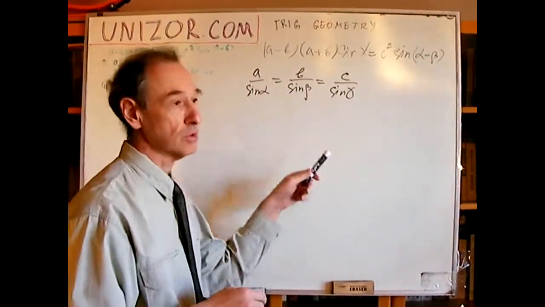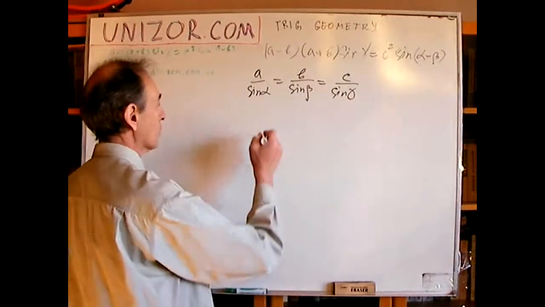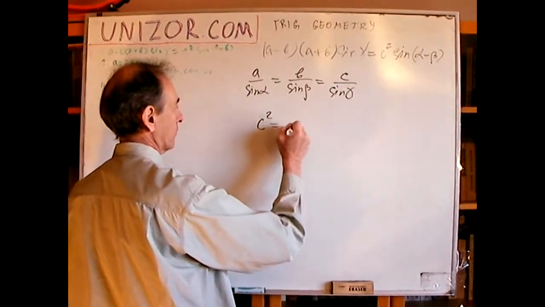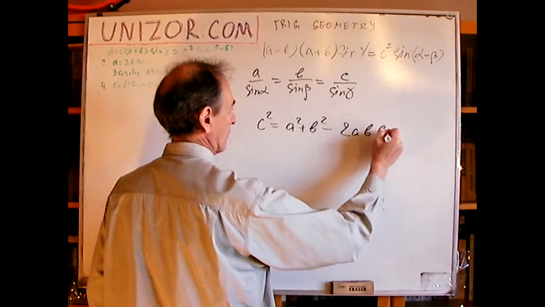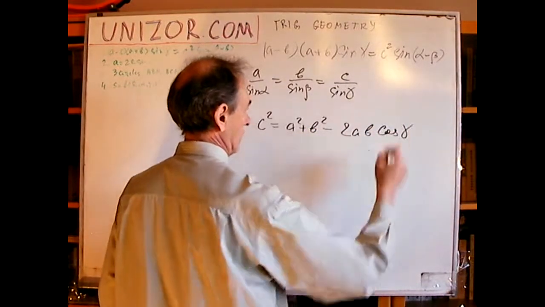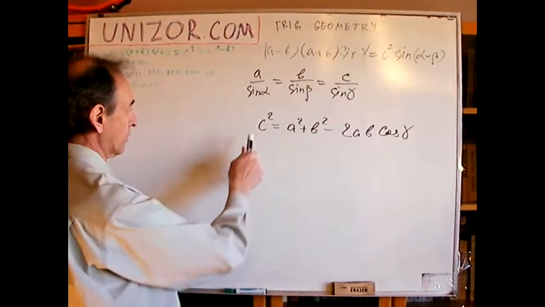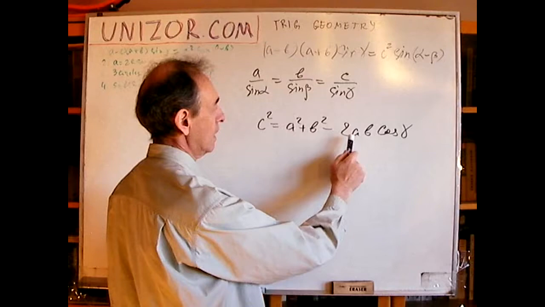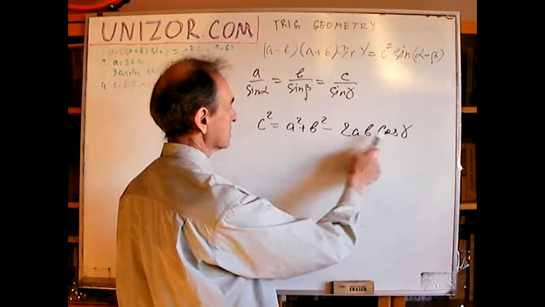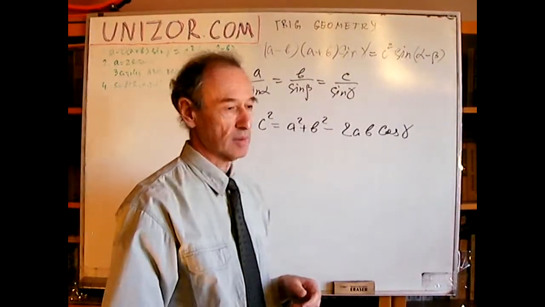The law of cosines says that the square of any side is equal to the sum of the squares of the other two sides minus double their product and the cosine of the angle between them.